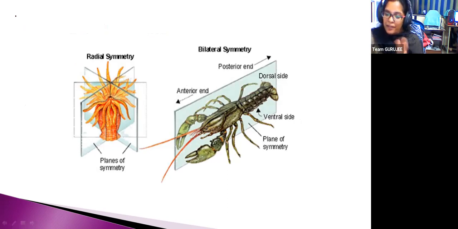Bilateral symmetry can be divided into exact two halves. Radial symmetry can be divided, but not into exact two halves; it can be divided into a number of parts. So this is radial and bilateral symmetry.